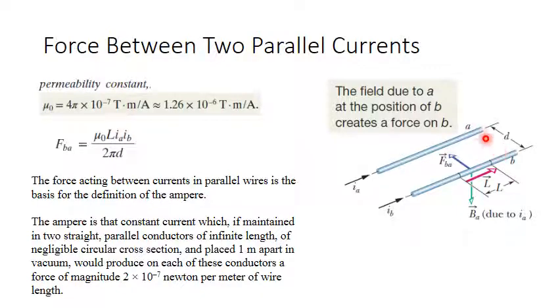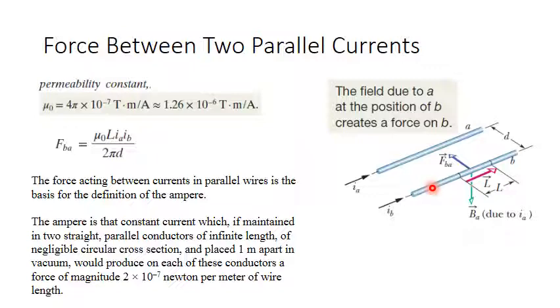So if the current in the two wires is 1 ampere, the spacing between the two wires is 1 meter and the length of the wire is 1 meter, the force between the two wires would be 2 multiplied by 10 to the power minus 7 Newton.